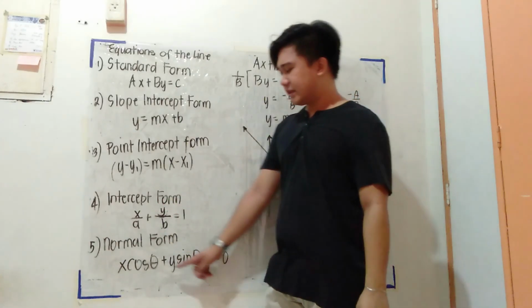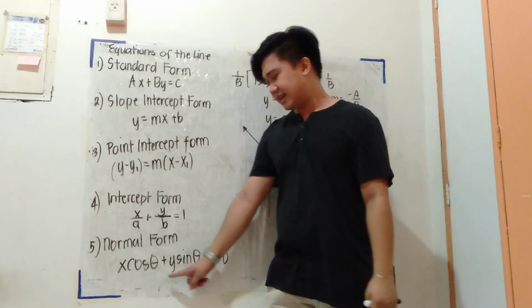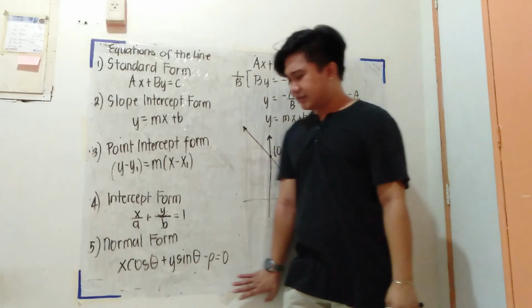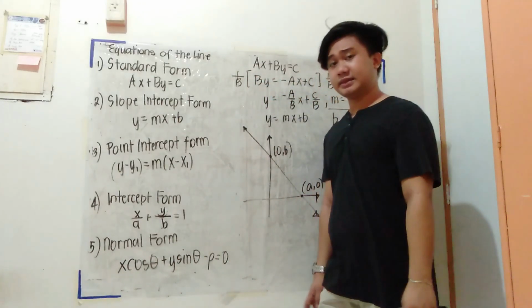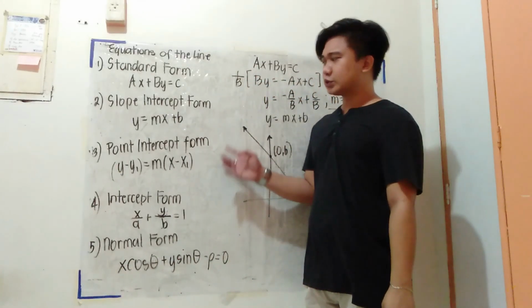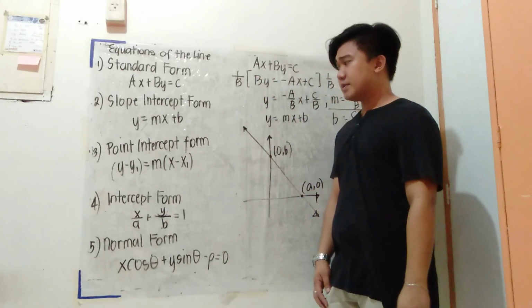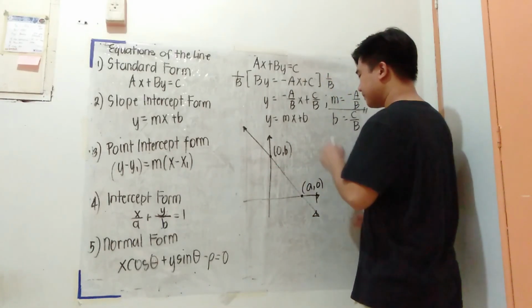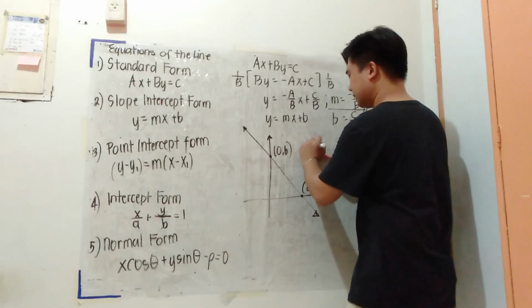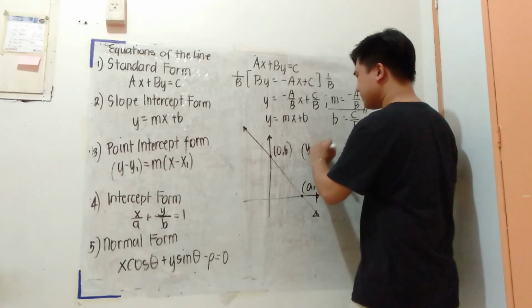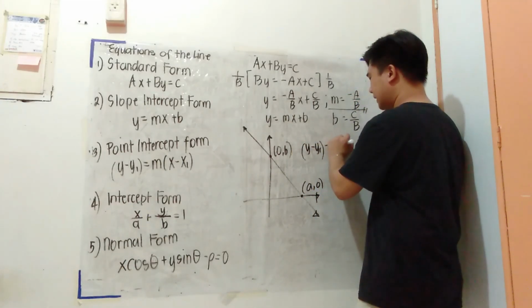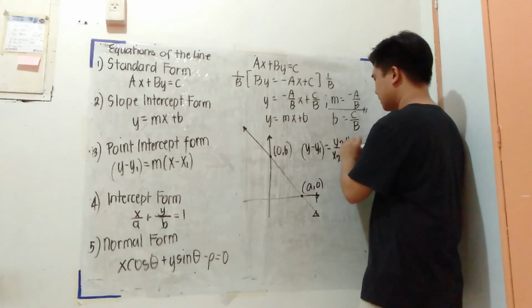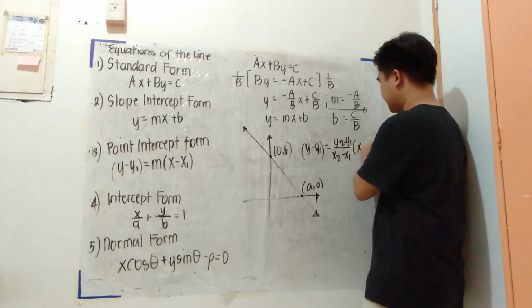Then, you also have the normal form x cosine theta plus y sine theta minus rho equals 0. Pero hindi naman po ito masyadong ginagamit. Meron din tayong tinatawag na two-point form kung saan walang given na m at kukuhain mo pa. Your equation will be like this: y minus y1 equals (y2 minus y1) over (x2 minus x1), multiplied by (x minus x1).